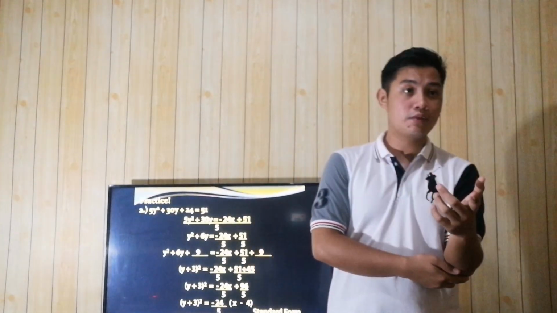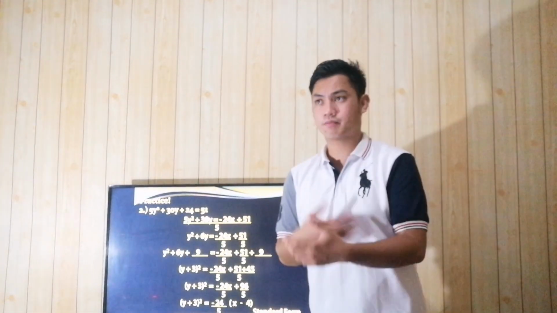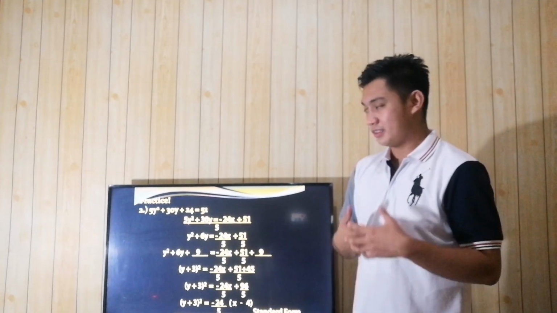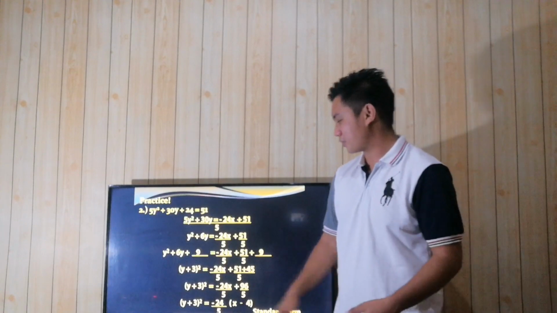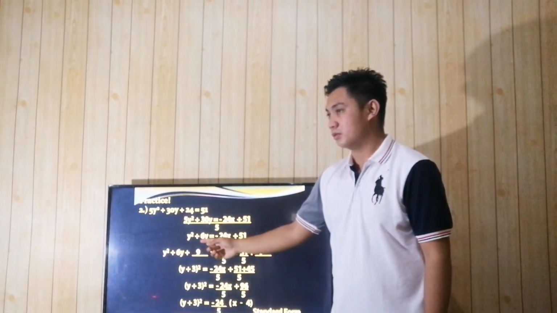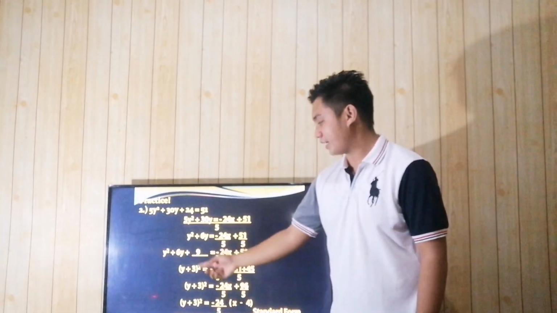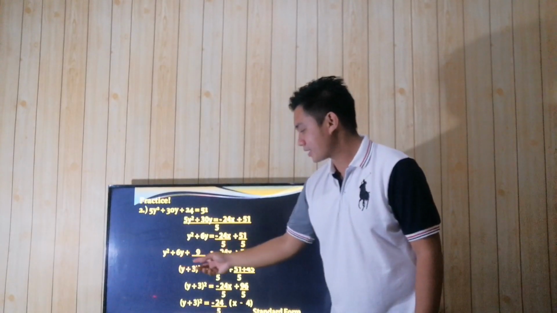Itatransform natin siya, gagawin natin siya into a perfect trinomial. Okay na, paano mag-perfect trinomial yan? Divide natin yung 6y. So, let's proceed now. 6y divided by 2 is 3. 3 squared, we have 9. Kaya, nagiging y squared plus 6y plus 9.